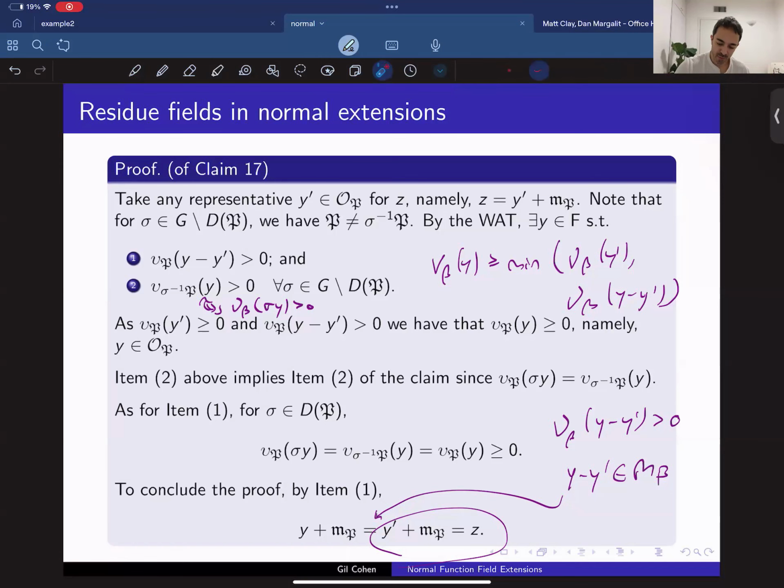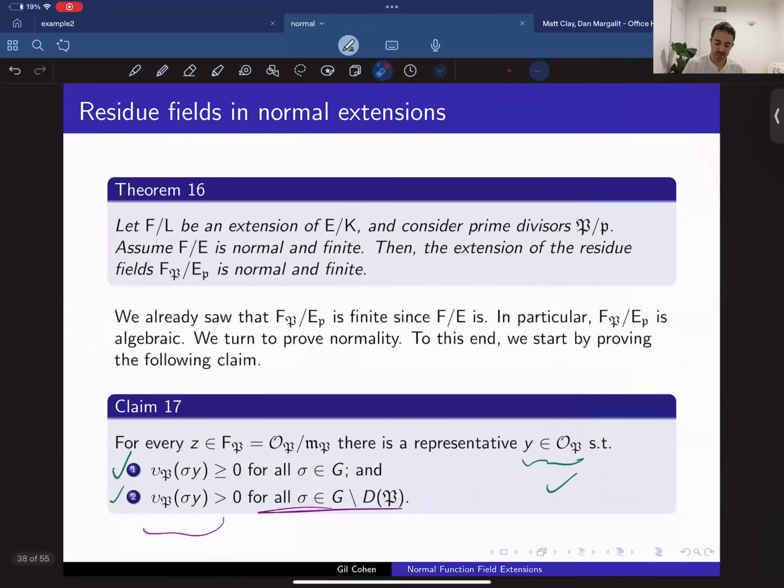Yeah, good. So that's the proof. It's slightly technical, but it tells us at the end of the day that if you start with an element in the residue field, you can always lift it to a function in the corresponding valuation ring.